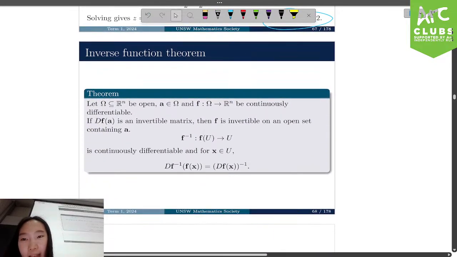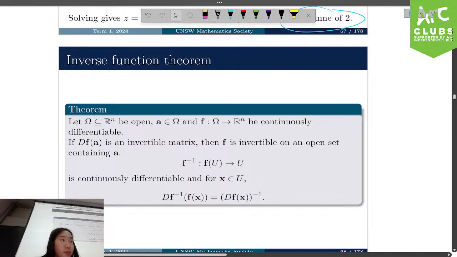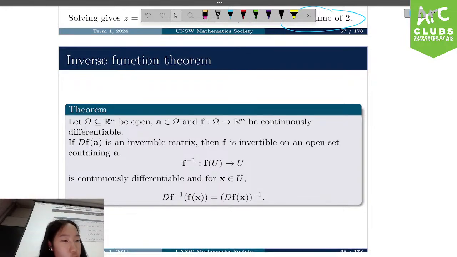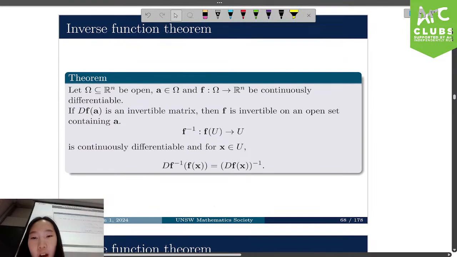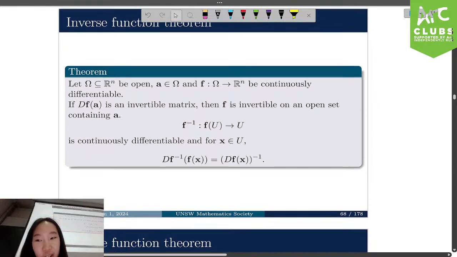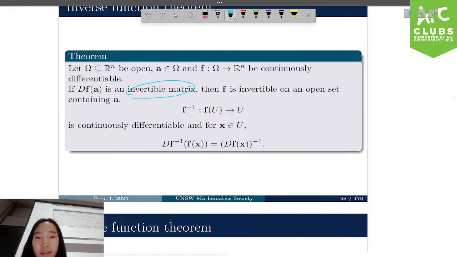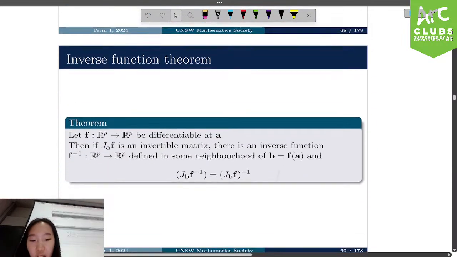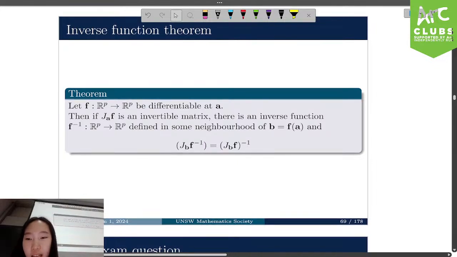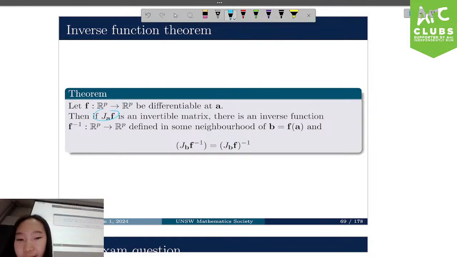Cool. Inverse function theorem. If omega is open and A belongs to omega, f is continuously differentiable. If the Jacobian is an invertible matrix, then f is invertible on an open set containing A. So what is important here is to check that the Jacobian of f is an invertible matrix.